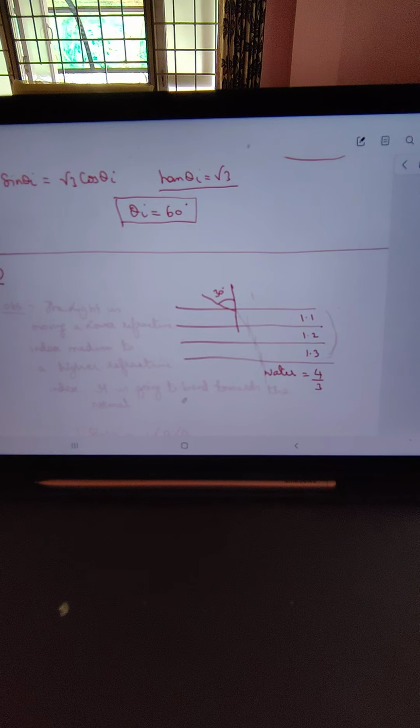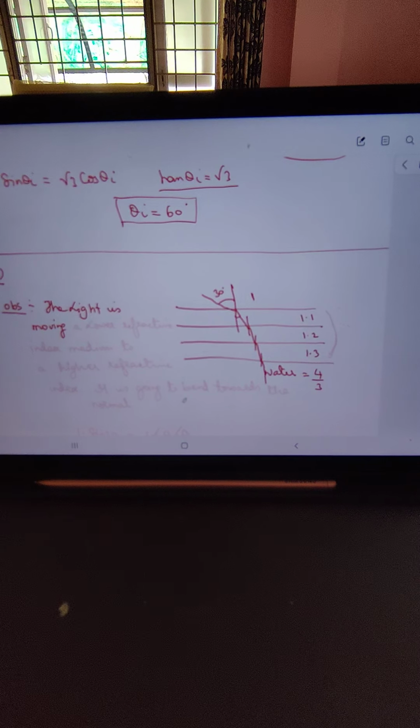Find the angle which the ray makes with the normal in the water. So it is going to bend. Obviously this is air, so it is 1. So this is going to bend towards the normal, right? Again it is going to bend towards the normal. Again it is going to bend towards the normal, and again it is going to bend. So if you see, it is going to keep bending. One observation is the light is constantly moving from a medium of lower refractive index to a higher refractive index.